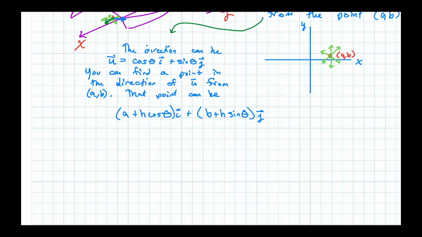Actually, I want it to be a point, so I don't want the i and the j. Let me rewrite it this way. So that point can be this.